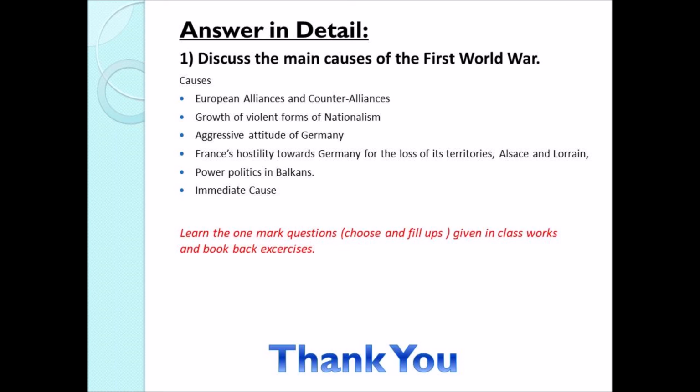Second reason is the violent form of nationalism. Third one is the aggressive attitude of the German emperor. Next one is the hostility of France towards Germany. Next is the imperial power politics in the Balkans, the Balkan Wars, and last is the immediate cause of the start of this First World War. So you can write any three causes for the start of this First World War.